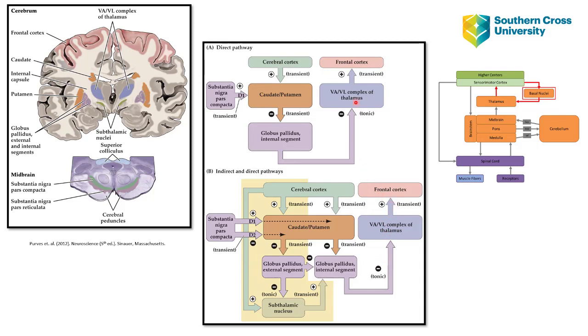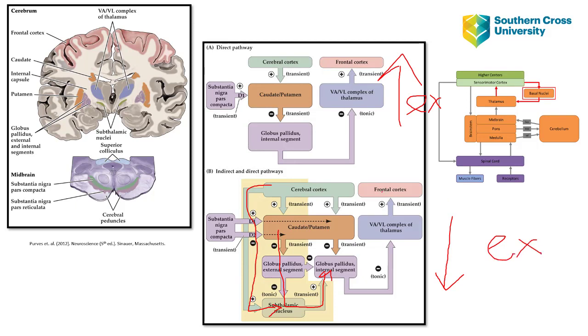So in essence, when we talk about our direct pathway, what we're talking about is driving up the excitation onto our motor cortex. When we're talking about the indirect pathway, which is this component and also the influence of this component, then we're actually ramping down the amount of excitation back onto the frontal cortex.